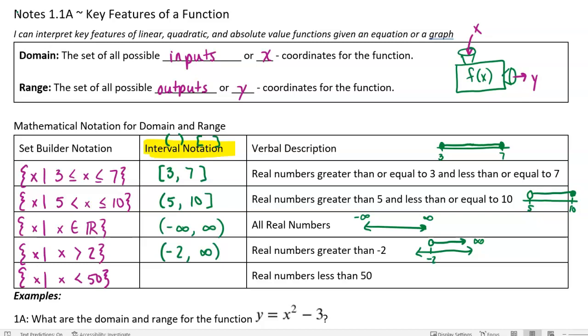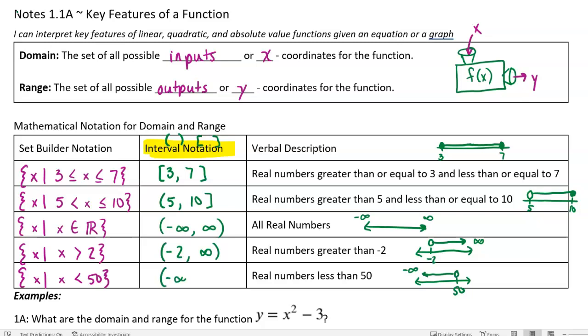And the last one here in this box says all real numbers less than 50. So it's going to be 50 and less than that. Now you've got to be careful. We always put the smallest value first. Now there is no smallest value. That line, those set of points that we're including, goes infinitely to the left towards negative infinity.